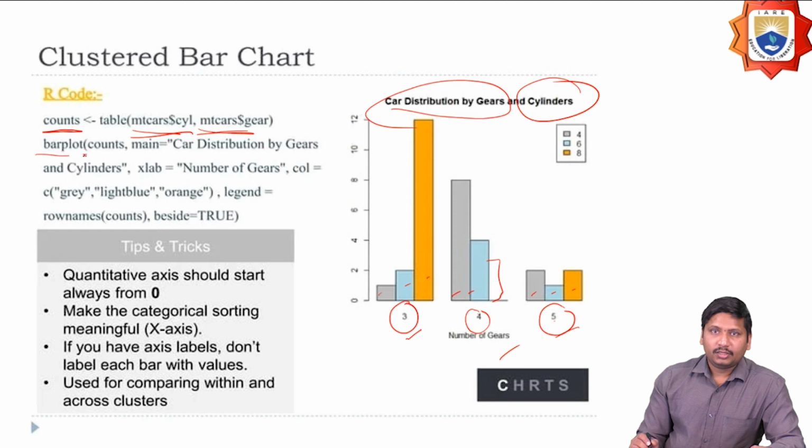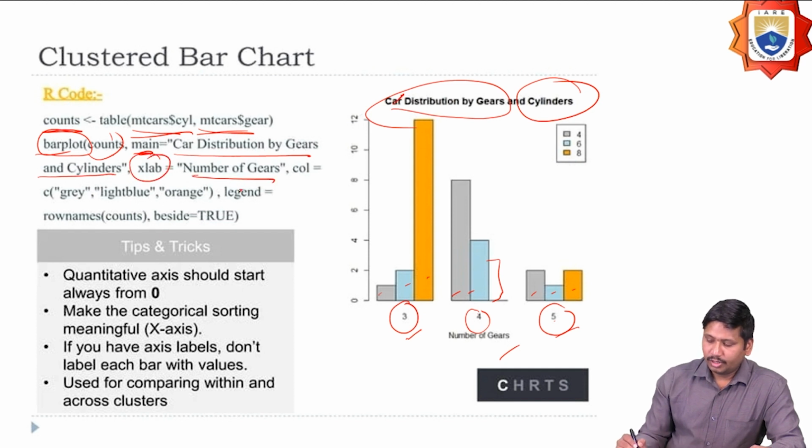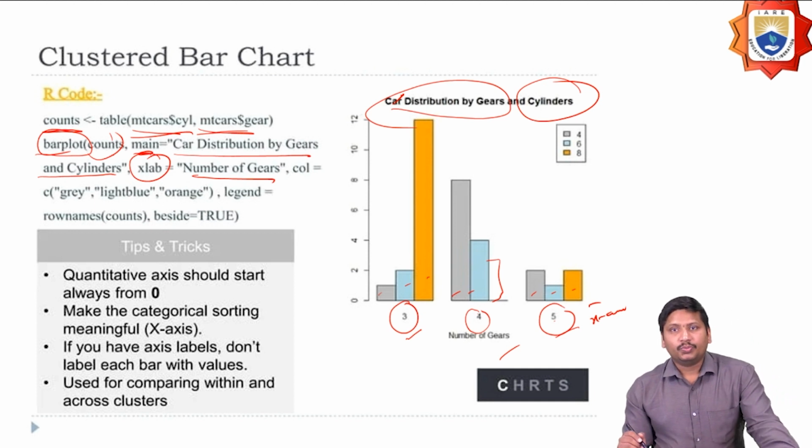The same function, barplot, but here I'm going to take the counts variable, and then main equal to car distribution by gears and cylinders as the title, and xlab, number of gears, so this should be the number of gears on the x-axis, and legend should be rownames(counts) and beside equal to TRUE. Okay, so this should be the result.